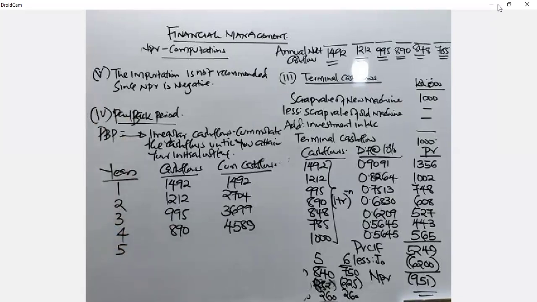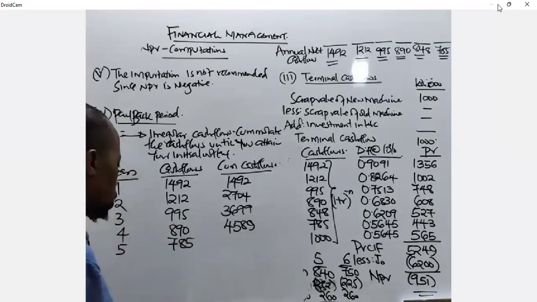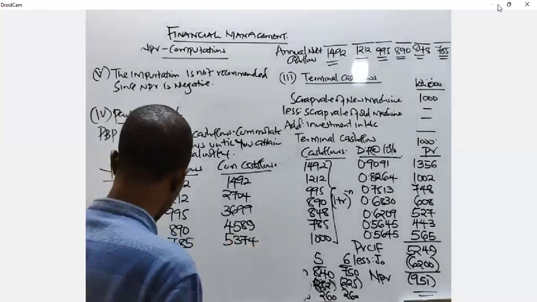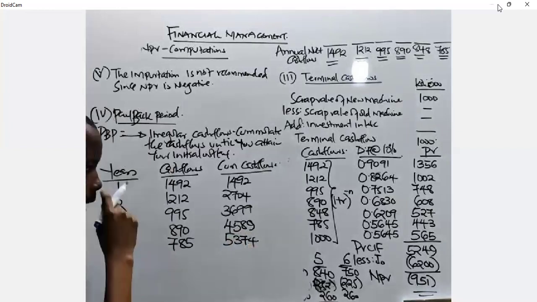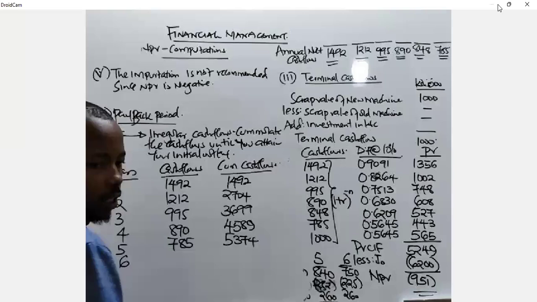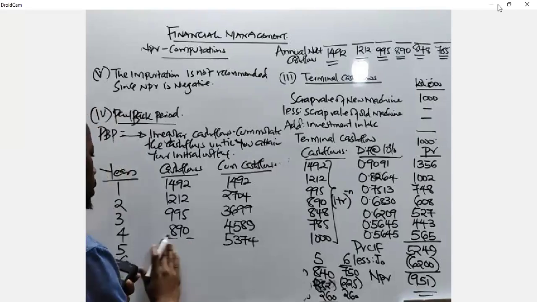Year five, how much do we have? Year five is 848, sorry.